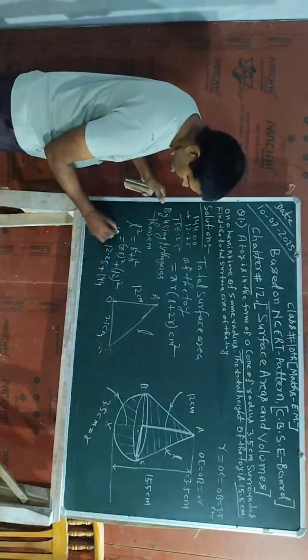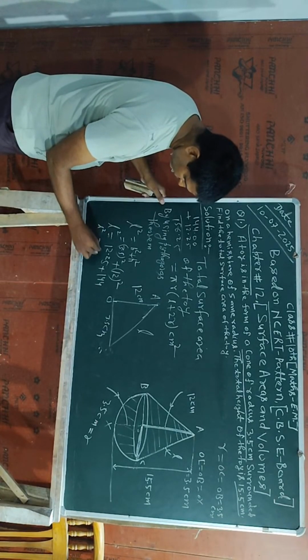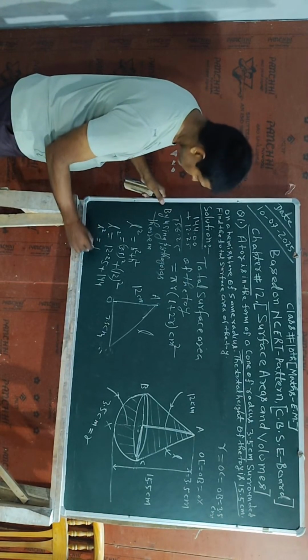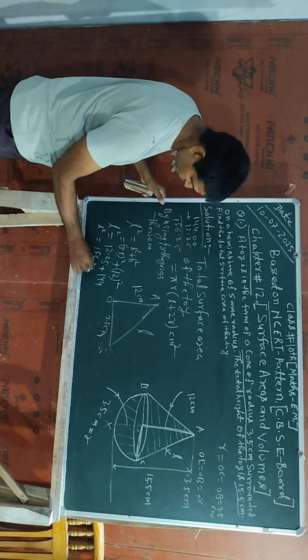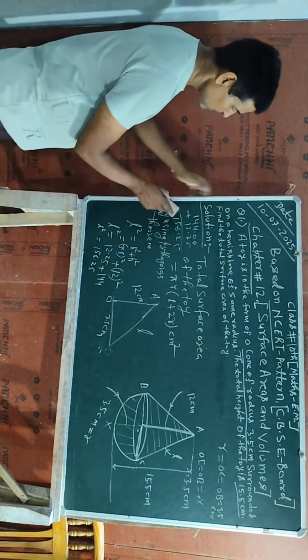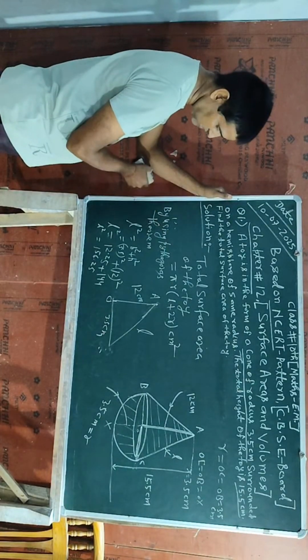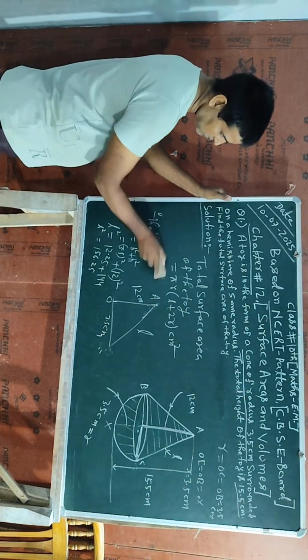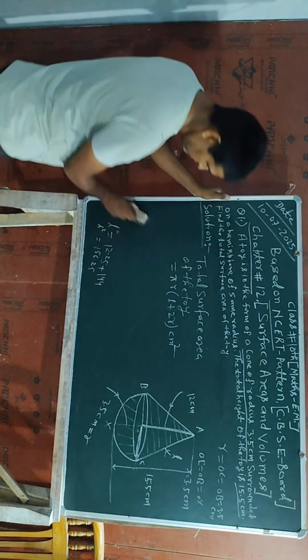So after coming, I will say l square, which is equal to 156.25. Okay, I will take its square. After taking its square, I will say that is the value of here. So here I am going to use this figure for writing the value of here.